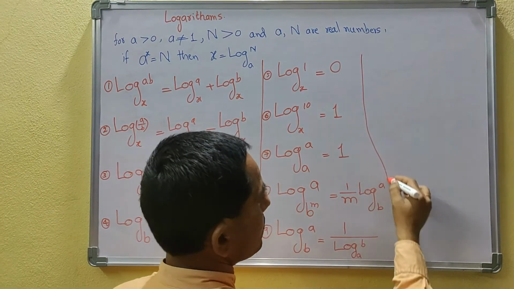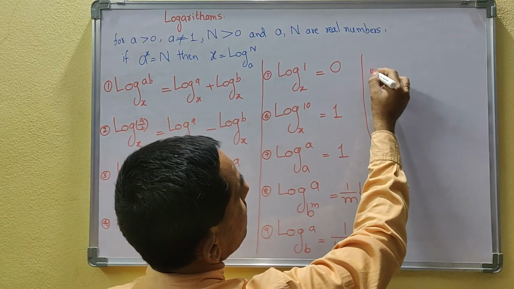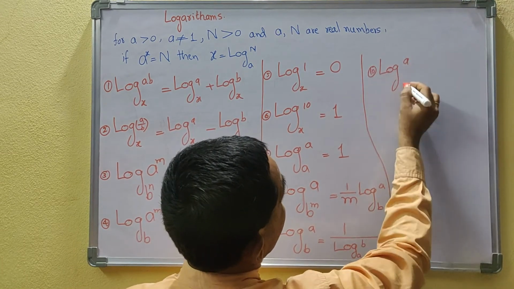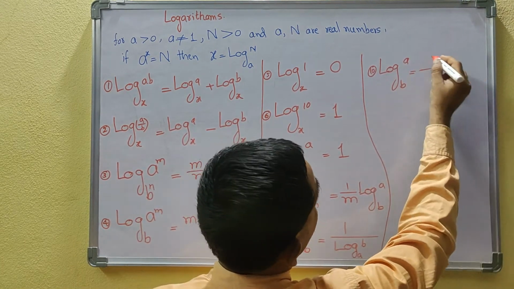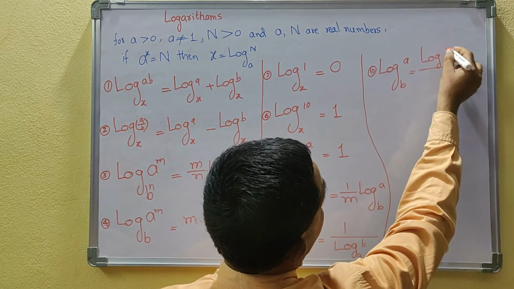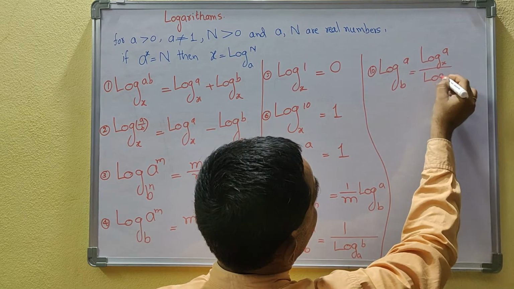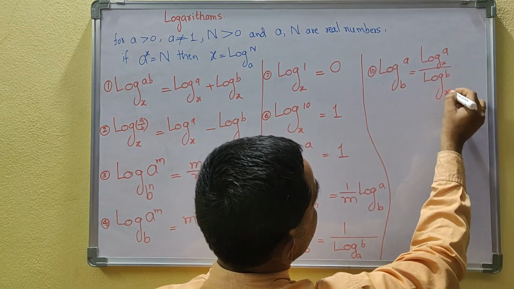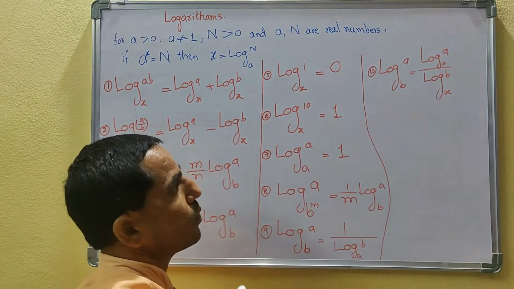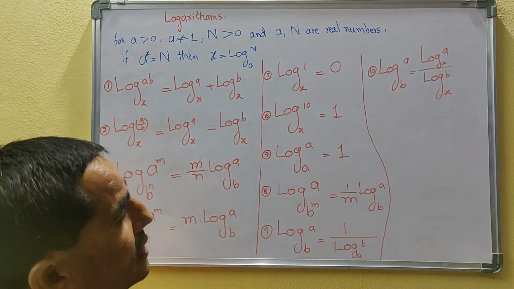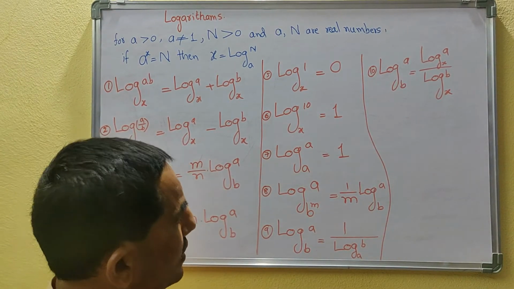Next one, tenth: again log a base b is equal to log a base x by log b base x, where x is any value. Here log a base b is equal to log a by log b, like that: log a base x by log b base x.